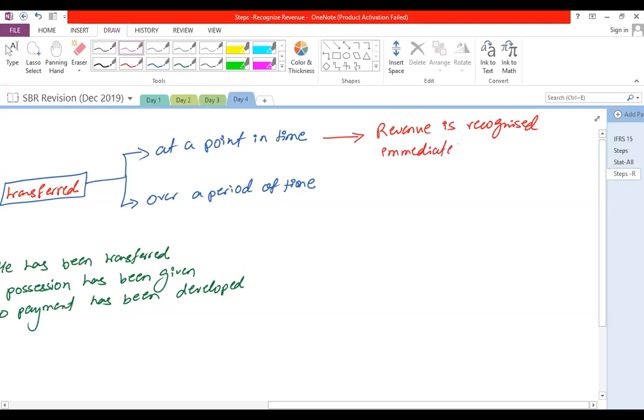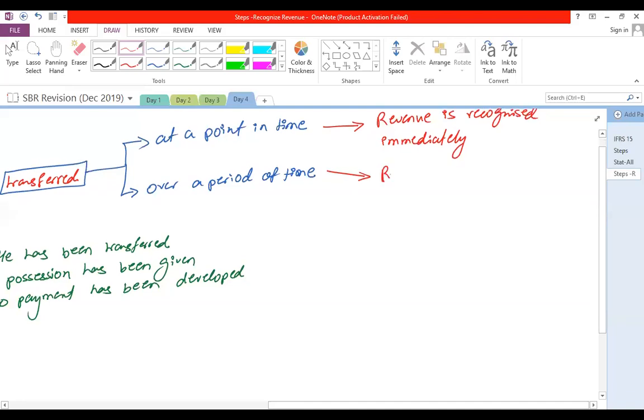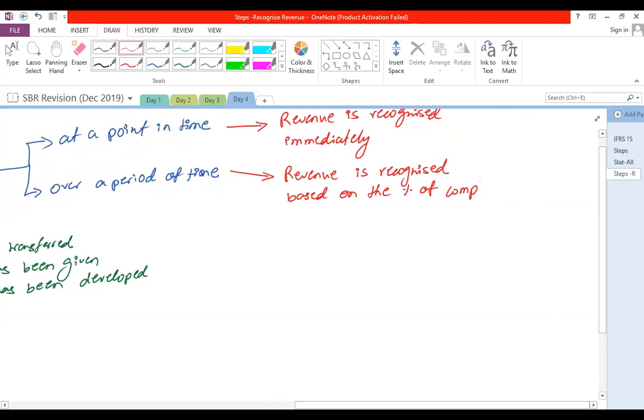As we transfer the control, we recognize the revenue immediately. And if it's transferred over a period of time, revenue is recognized based on the percentage of completion. Whatever percentage of the work has been done, that is the amount by which we should be recognizing the revenue.